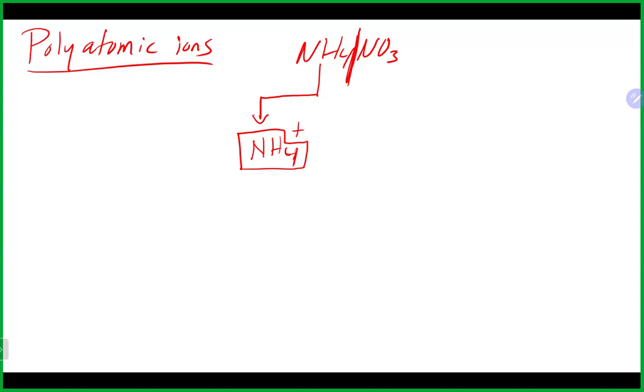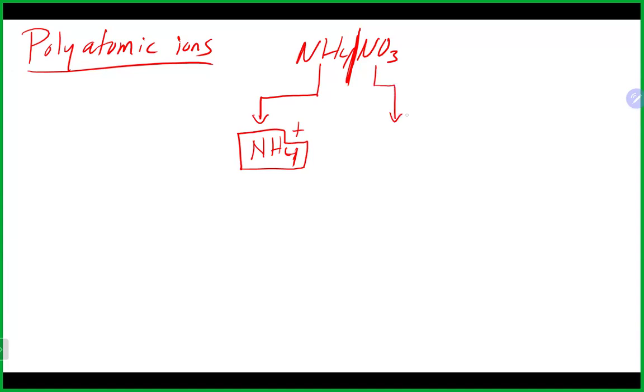They will always move around as a whole unit, and that again is because they are sharing electrons. That entire unit basically has a +1 charge. So even though there's one nitrogen and 4 hydrogens, overall, the whole thing has a +1 charge.